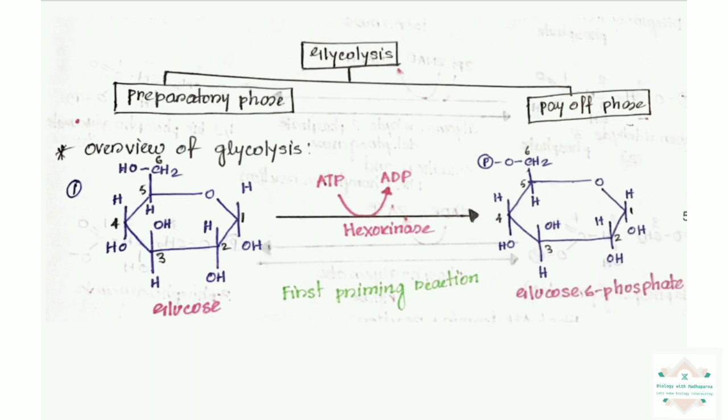From that ATP, hexokinase takes the phosphate group and attaches it to the 6th carbon of glucose, and it releases the ADP back into the cytosol, and as a result glucose 6-phosphate is generated. As it attaches the phosphate to the 6th carbon of glucose, its name is glucose 6-phosphate. This first reaction is the first priming reaction.